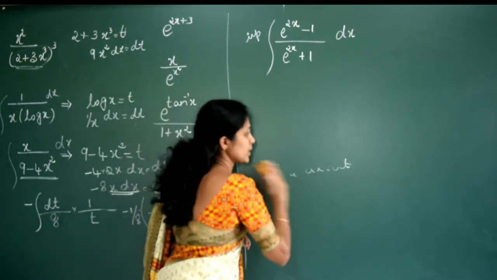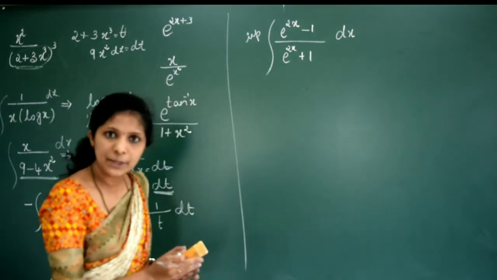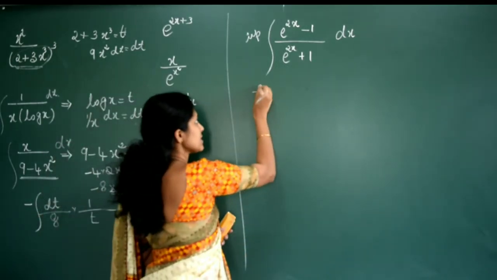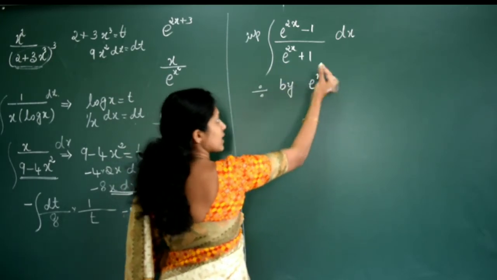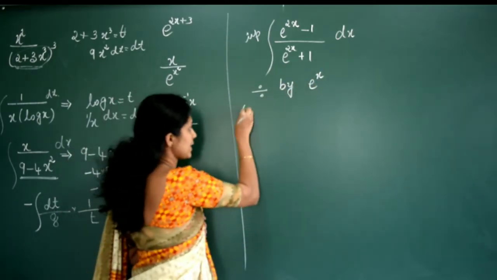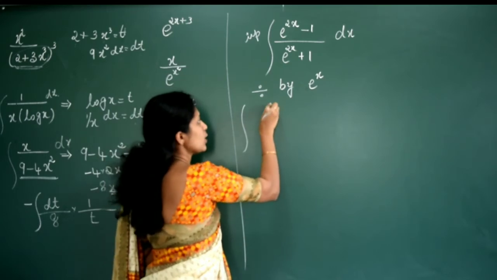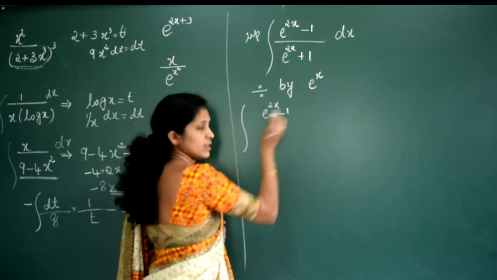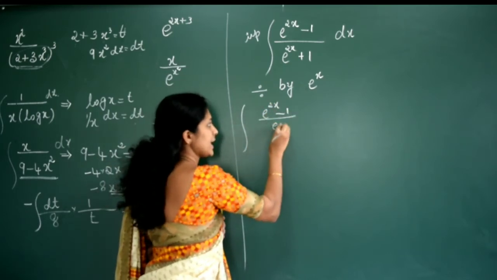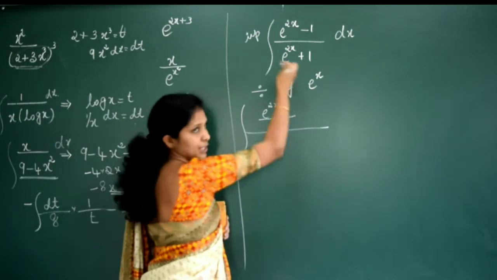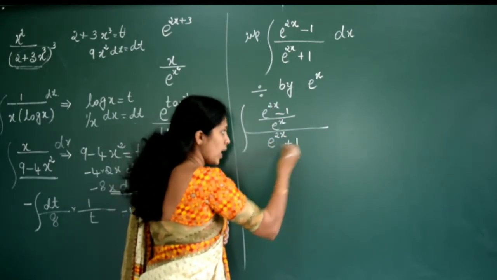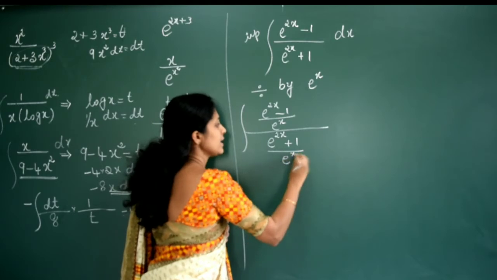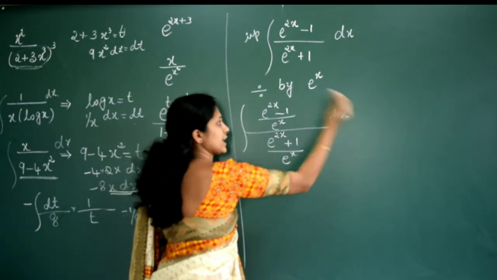So what you have to do is divide by e to the power x. Remember this, divide by e to the power x. If you divide by e to the power x, this will be e to the power 2x minus 1, listen carefully, divided by e to the power x, whole divided by e to the power 2x plus 1 divided by e to the power x, into dx.